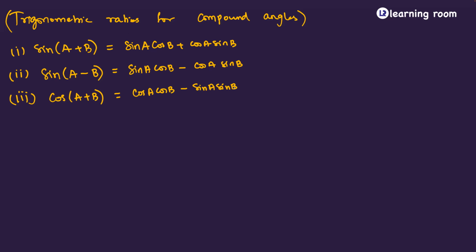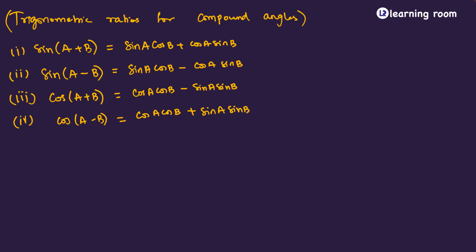For sine, plus and a plus, minus and a minus. Whereas for cos, if you have a plus here, here you will have a minus. Similarly, if I write cos of A minus B, it is going to be cos A cos B plus sine A sine B.